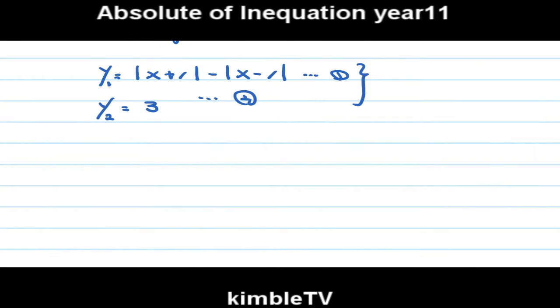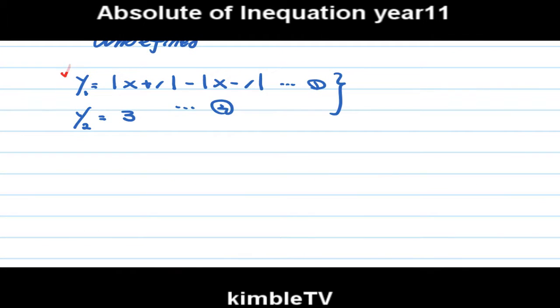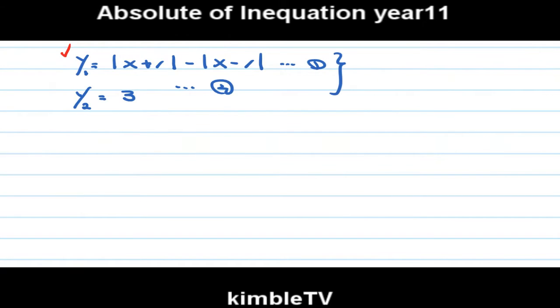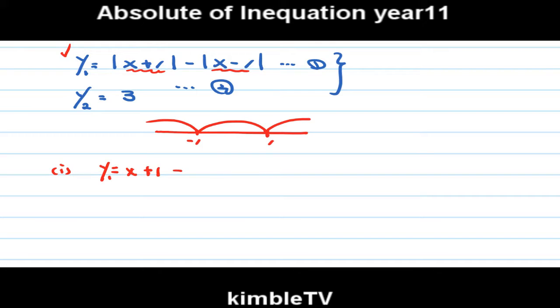And let's draw this graph. First one is the same. Draw the number line and -1 and 1 and divide it into 3 parts. And first case, x is greater than 1, all are positive. Therefore, y1 equals x plus 1 minus bracket x minus 1, cancel, and 2, just 2.